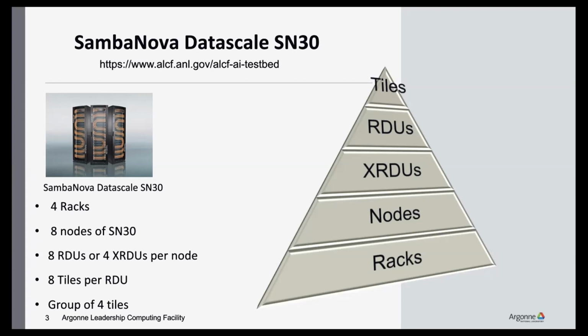So if you hear a lot of jargon about tiles, RDUs, nodes, and racks, just to be specific, you have a group of 4 tiles that you can successfully use to port one of your smaller models. Then you can also scale it across a different number of tiles, or across RDUs, or onto a different number of RDUs and nodes, and even racks as well.